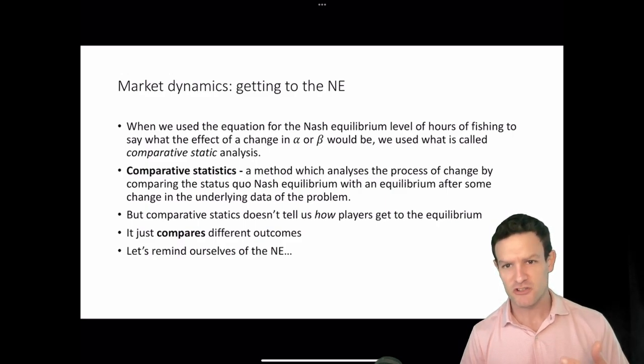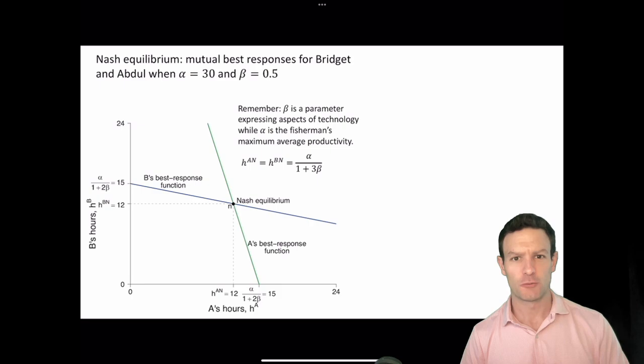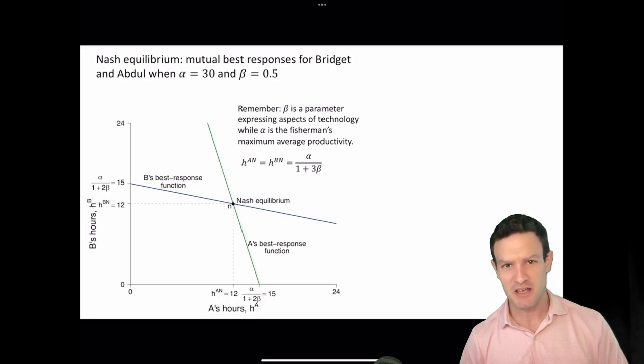So let's remind ourselves of the Nash equilibrium of the interaction, how we visualize it. We see there the equation for the Nash equilibrium outcome is HAN equals HBN equals alpha over 1 plus 3 beta. That's when there are two fishermen, Abdul and Bridget. They're each going to fish that number of hours.